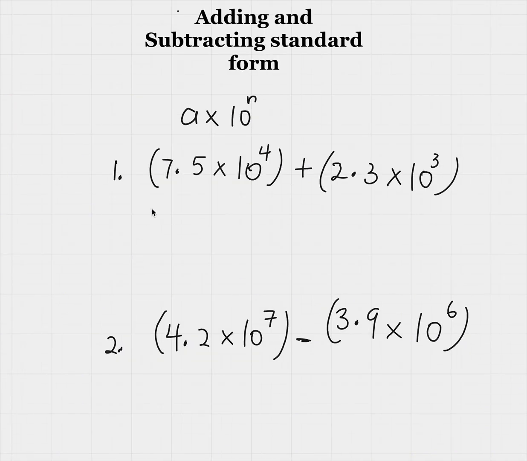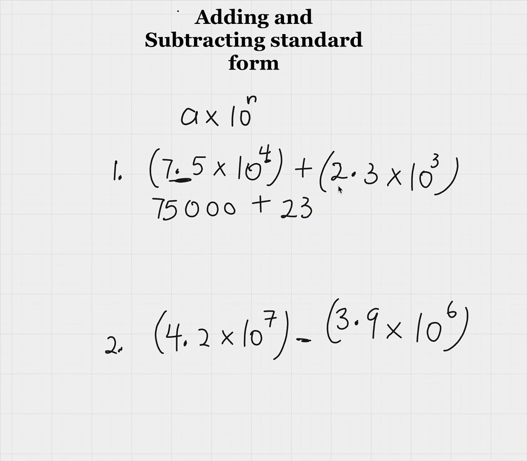Let's look at some more examples on adding and subtracting standard form. So 7.5 times 10 raised to the power 4 plus 2.3 times 10 raised to the power 3. So first of all, we need to convert the standard form into ordinary numbers. So we have 75. Because it's decimal and the power is positive, we're going to reduce the number of zeros by 1, so making 3 zeros, plus the same thing here, 23.